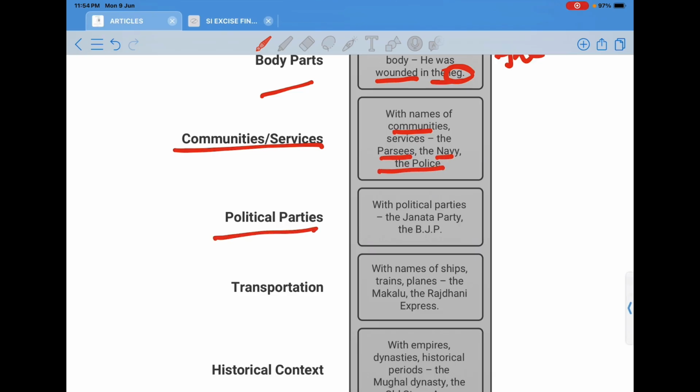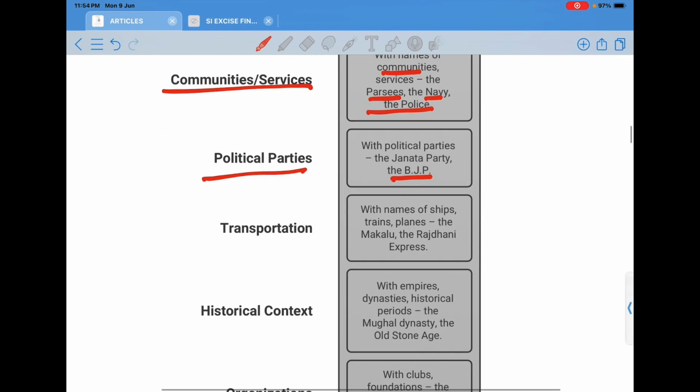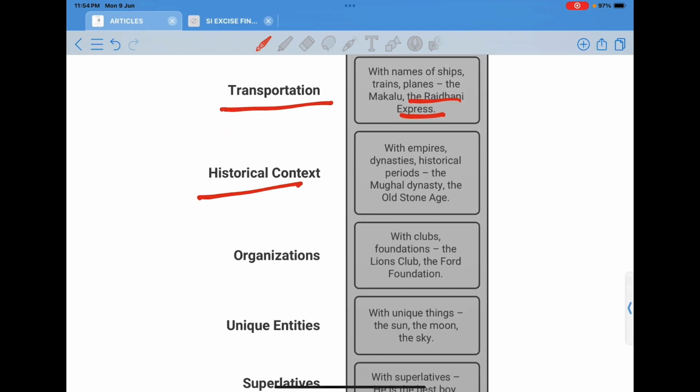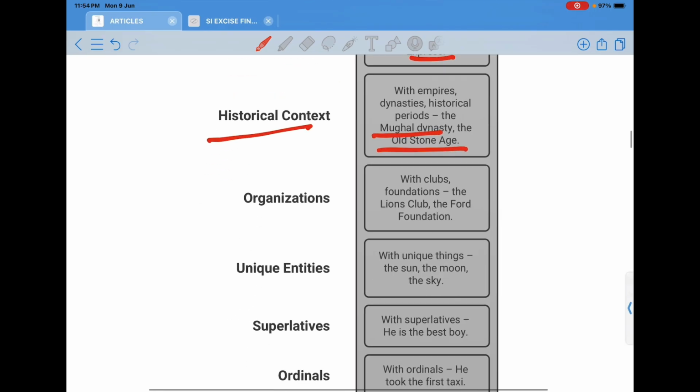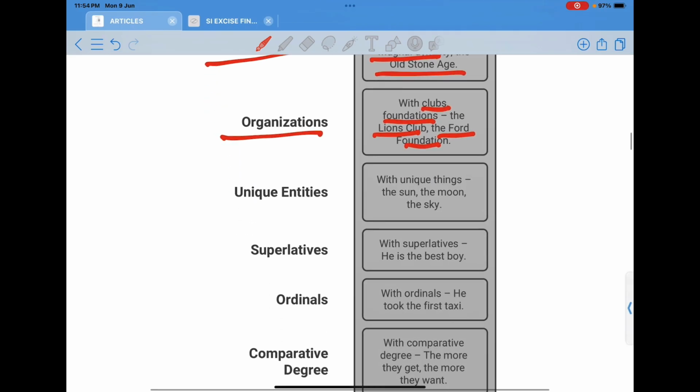Political parties, the Janta Party, the BJP, etc. Then transportation. Before transportation, you will also use "the". For example, the Rajdhani Express. Historical context also: the Mughal dynasty, the Old Stone Age, etc. Then organizations like clubs and foundations, the Lions Club, the Ford Foundation, etc. Then unique entities, like the sun, the moon, the sky.